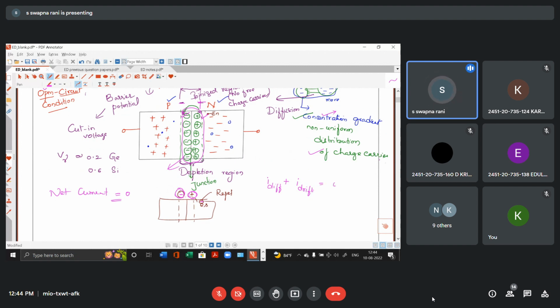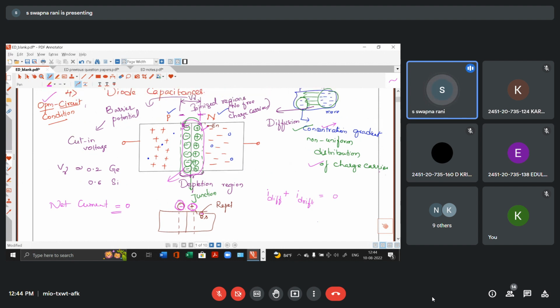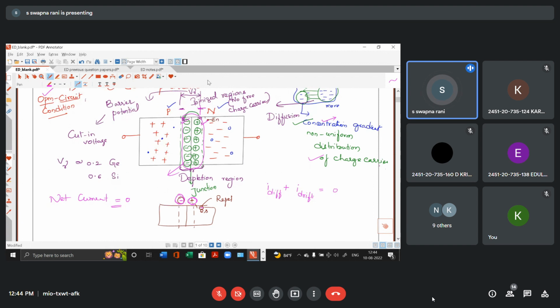So the net current will be zero. I repeat: the diffusion process generates a current, the diffusion current. Because of this barrier potential V gamma, another current component also will be generated, which is called drift current.